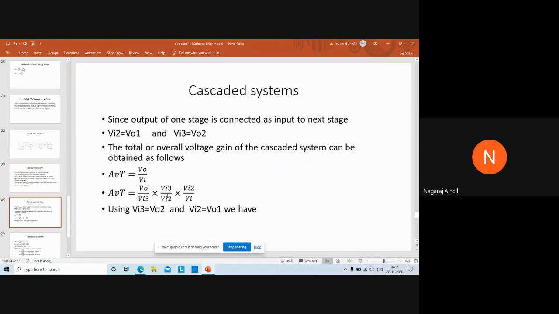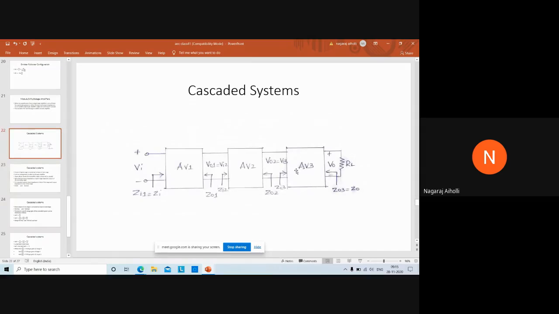Now, this V0 by Vi can be expressed in terms of the gains of the stages. Here it will be V0 upon Vi3, correct? That is for the third stage. For the next one, it will be Vi3 upon Vi2.